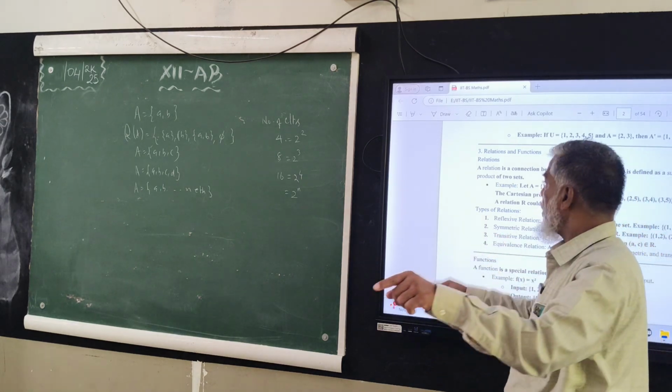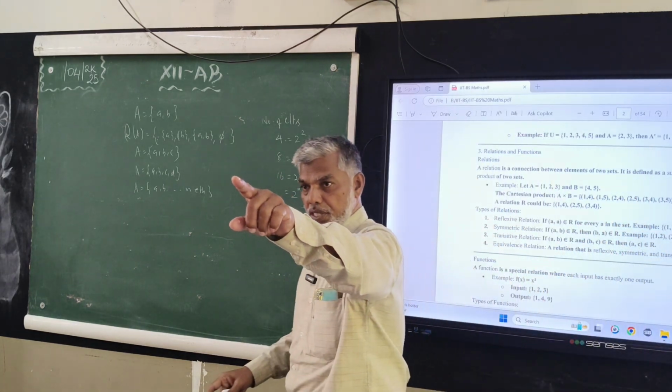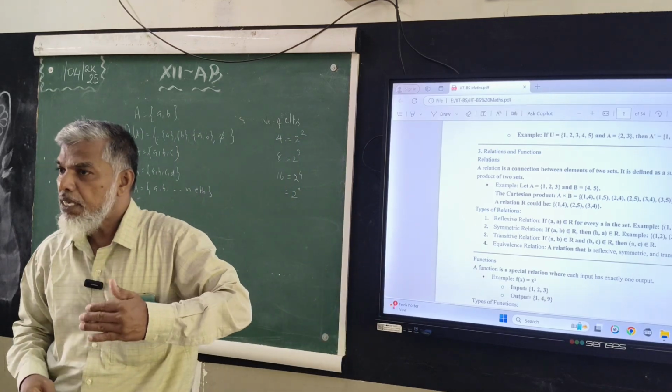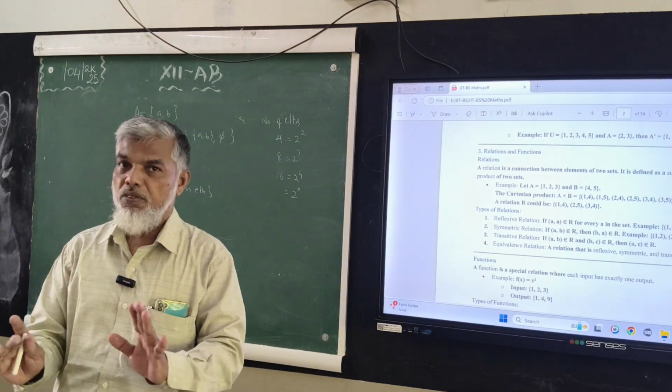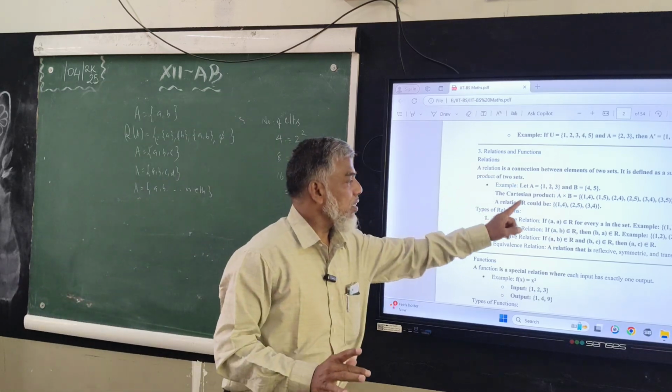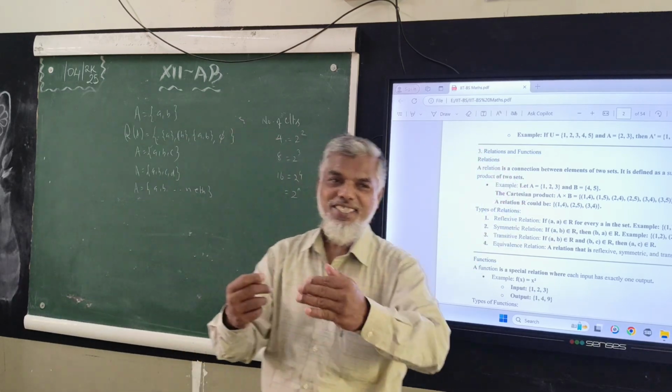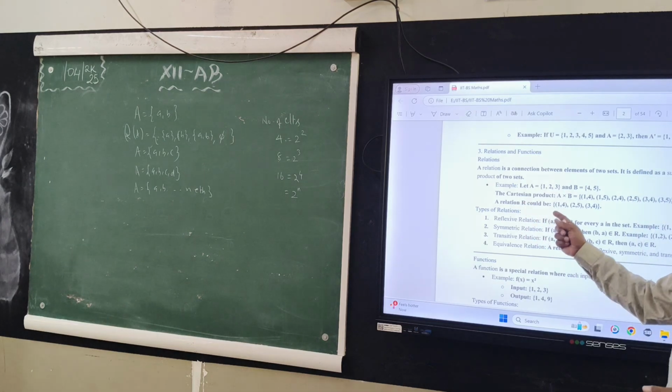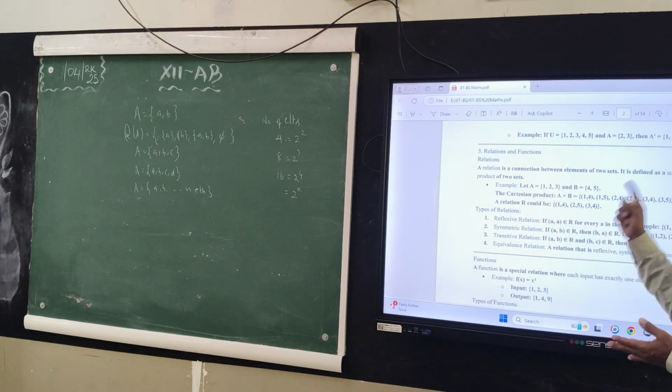Actually, what do we want to study? We want to study relations and functions, but we have not yet come across relations; first we studied only the Cartesian product. Now, what is a relation? A relation is a subset of this.